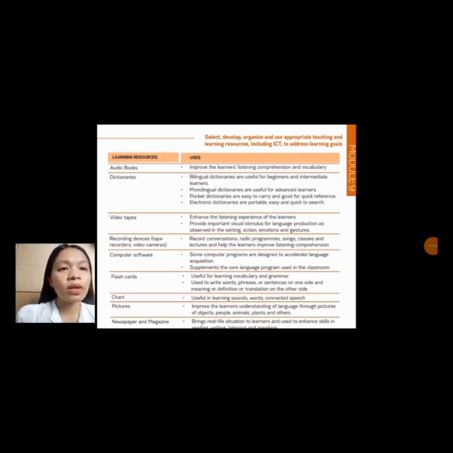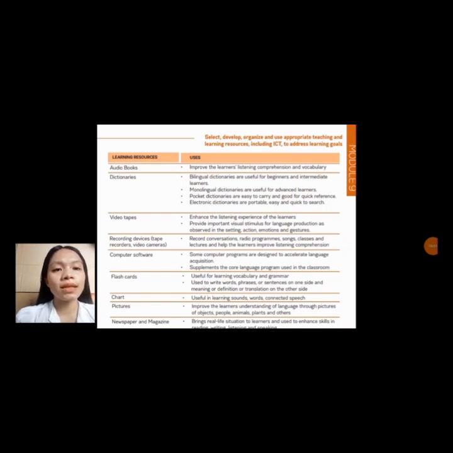So the bilingual dictionaries are useful for the beginners. Monolingual dictionaries are useful for advanced learners, and the pocket dictionaries are easy to carry and good for quick reference.